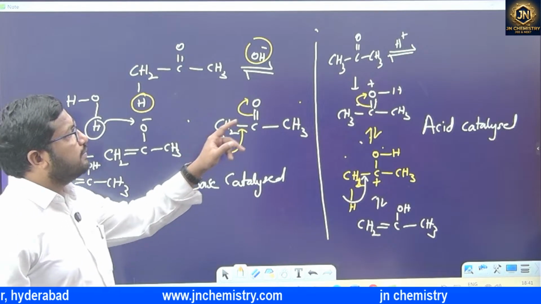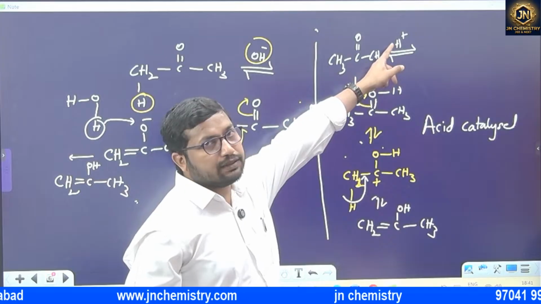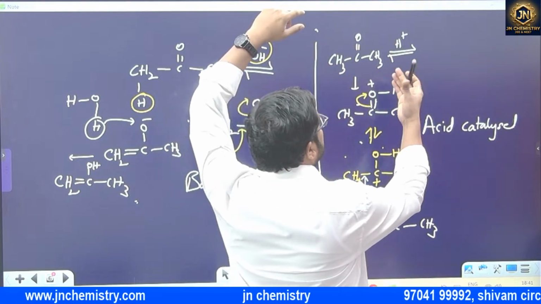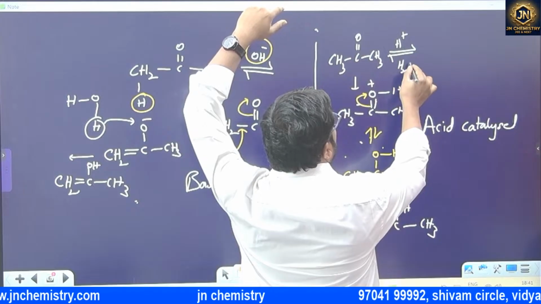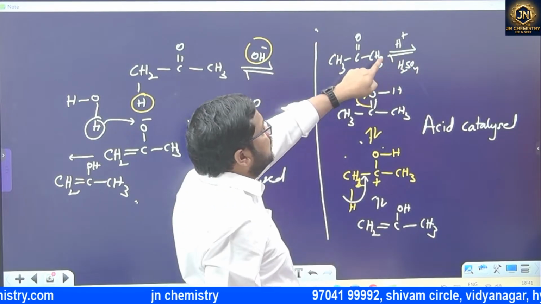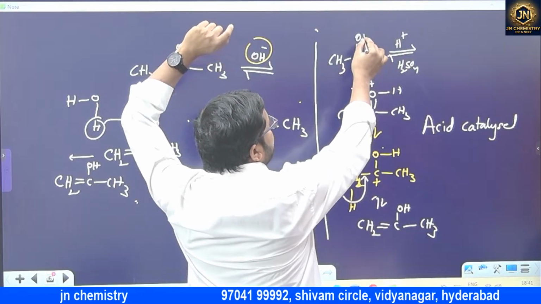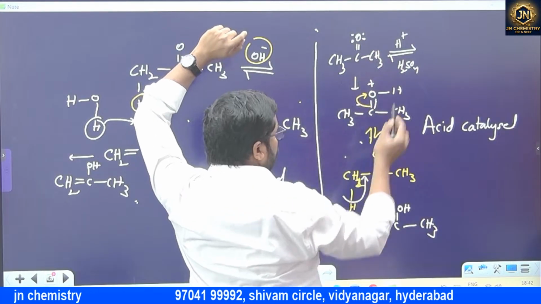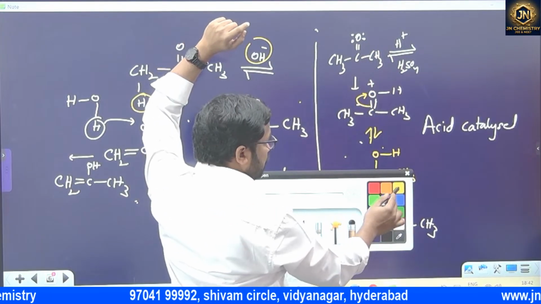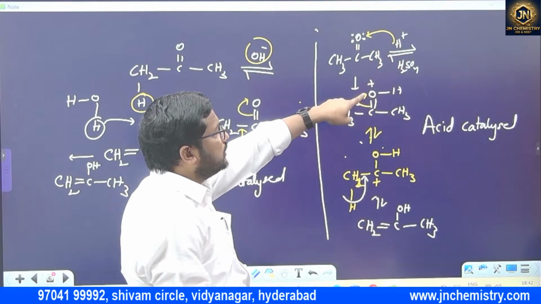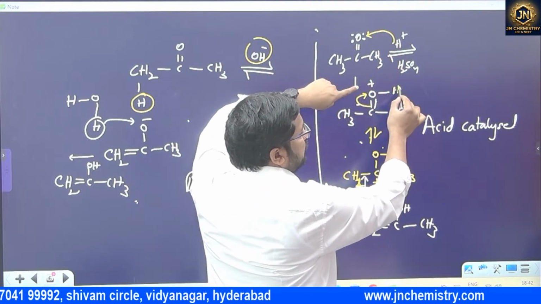In the acid catalysis mechanism, first acid gives H plus, for example we are adding H2SO4. It's giving H plus. So H plus is coming and attacking where? Because oxygen already has 2 lone pairs, it comes and attacks over here. So then positive charge is present at the oxygen.